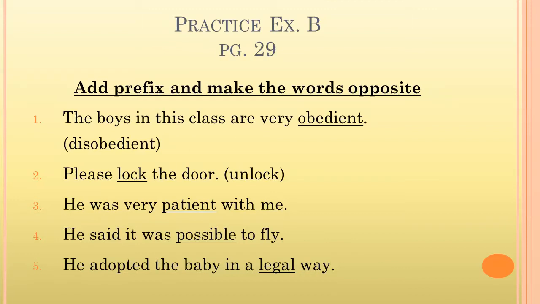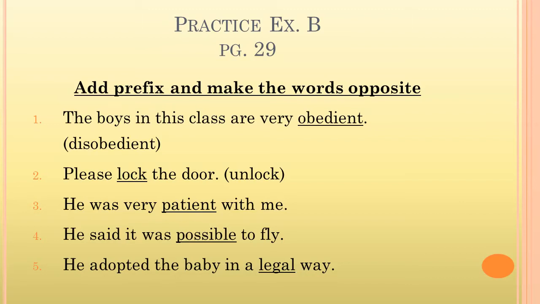So we can make the opposite of obedient by adding dis. Disobedient. Please lock the door. Lock is the word, we can make its opposite, unlock. That is not locked.